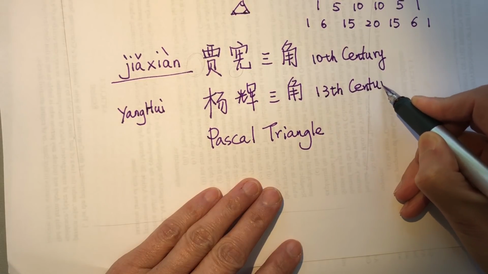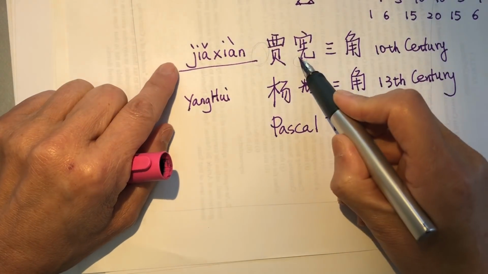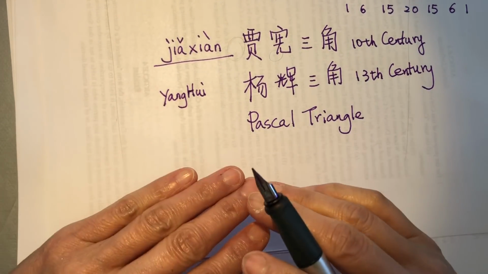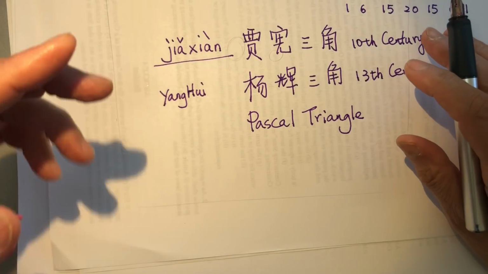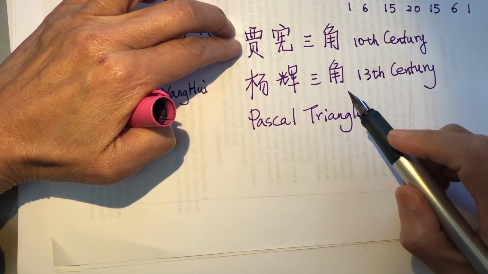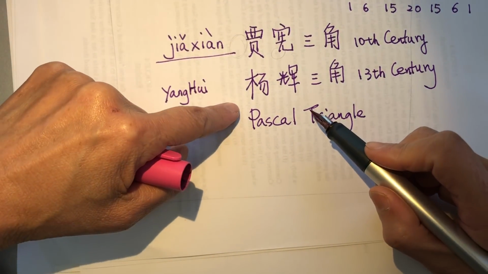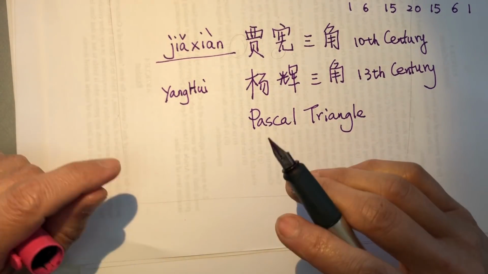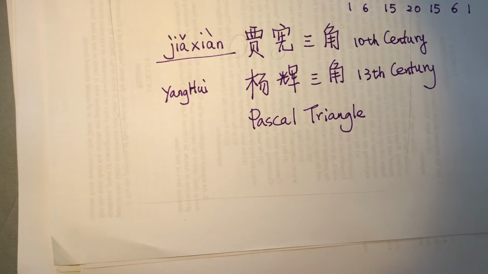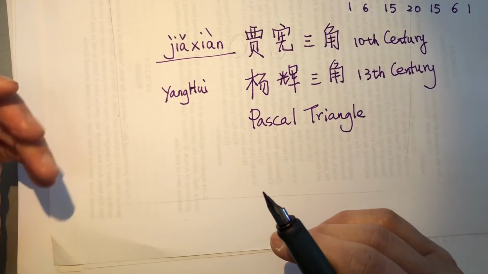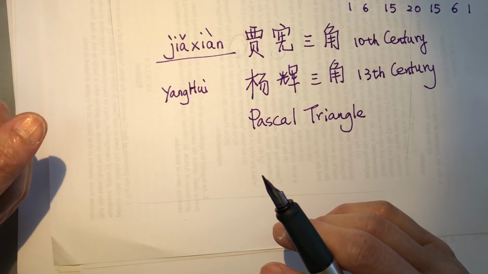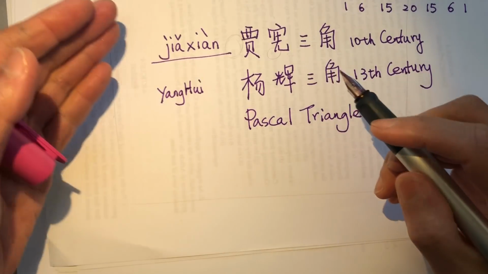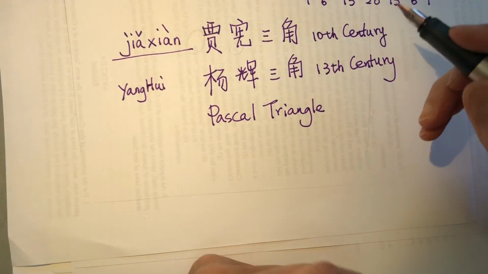He collected the study of Jia Xian and of previous mathematicians, and wrote a book. Both Jia Xian's and Yang Hui's mathematical records were collected and preserved. They are in the Yongle Dadian, in the British Museum or British Library. Anyway, they are now overseas in another country.